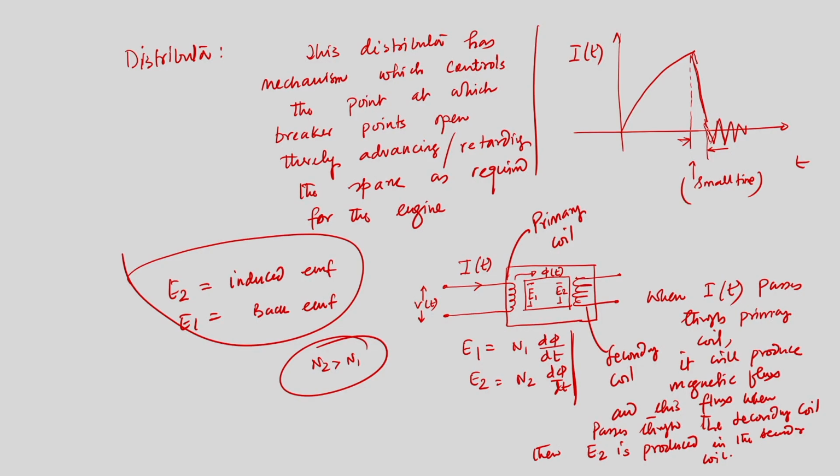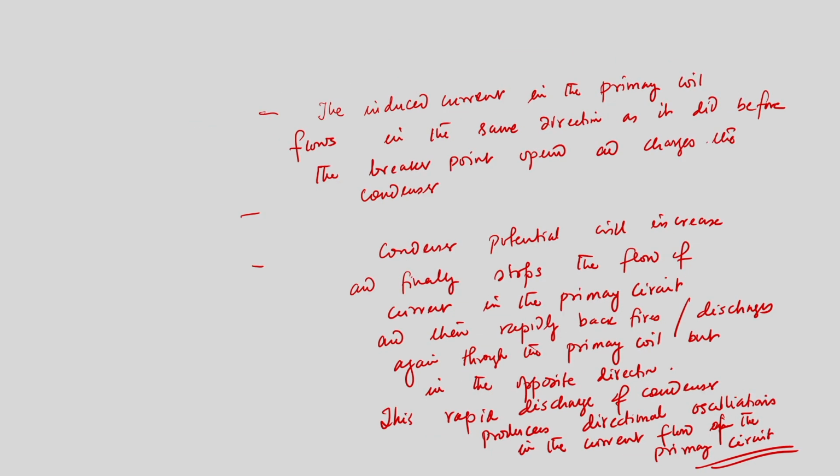That is what we can see from the diagram, that it finally stops the flow of current in the primary coil. Then, because the condenser is completely charged, it will rapidly discharge through the primary coil, but the discharging will take place in the direction opposite to the primary current.